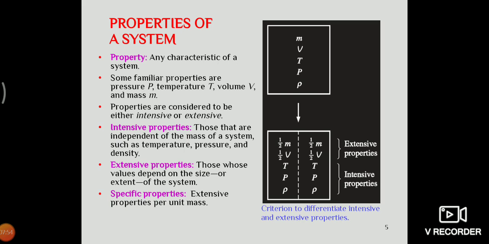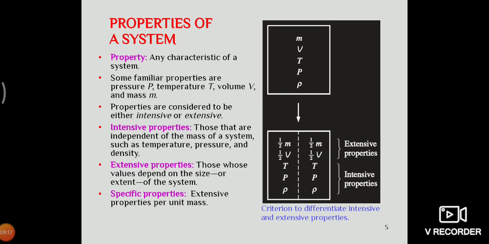The next type is the extensive property. An extensive property is one which depends upon the size and mass of the system. Remember the definition: the property of the system which depends upon the size and mass of the system is called an extensive property.